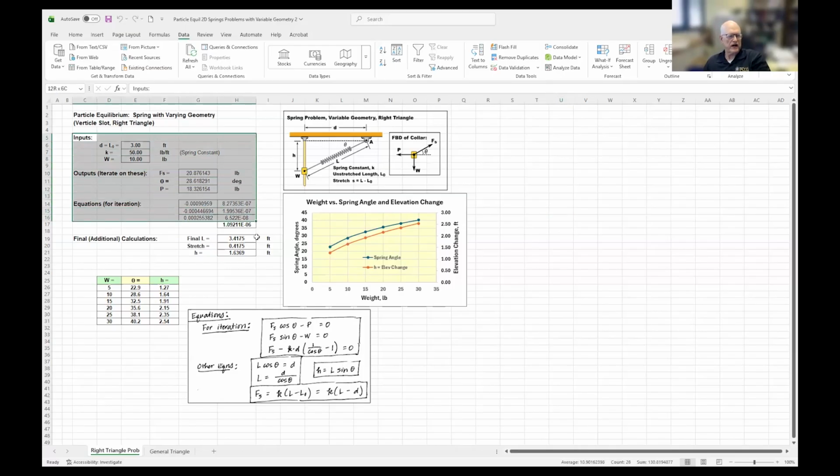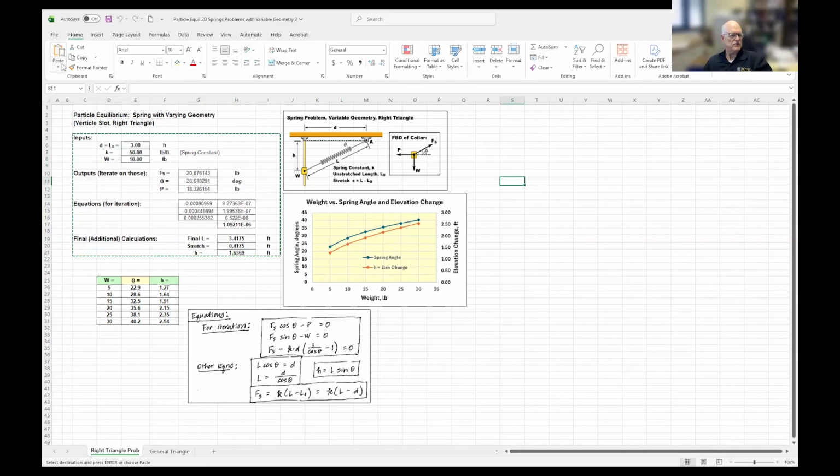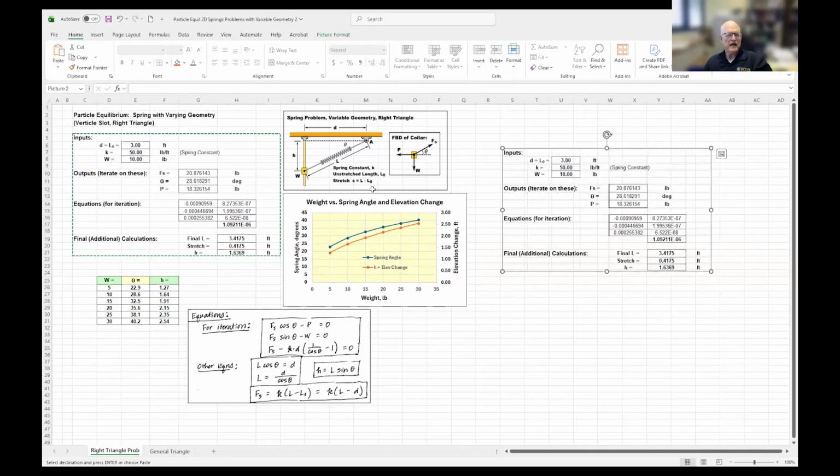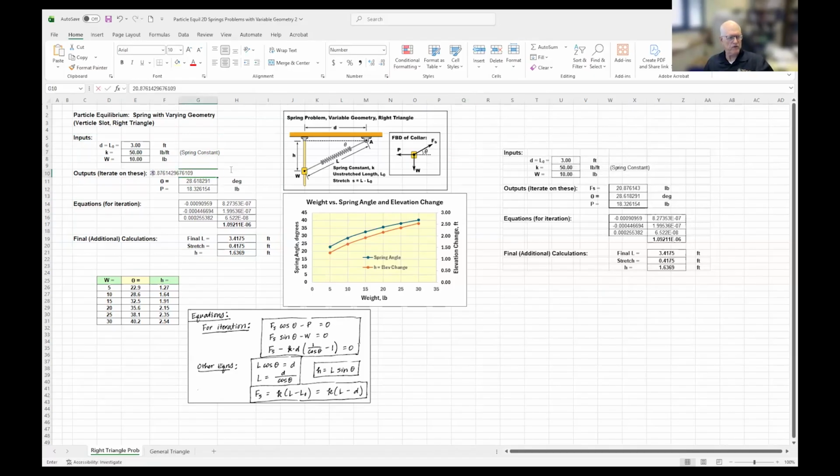What I do is copy this and paste special image, and I iterate again. So I just put in a new set of guesses: 21, 29, and 18. Just a new set of guess values.